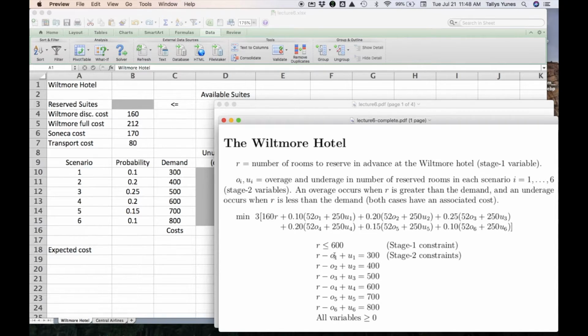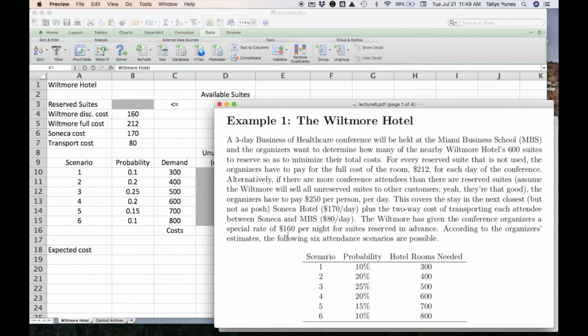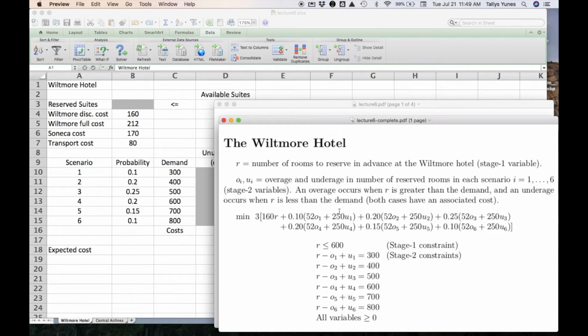Now the expectation calculation goes like this. Remember, if we overbook, each one we overbook is going to cost us an extra $52 because the full cost of the room is $212 and we already paid the hotel $160. So I need to add an extra $52 to get to the $212. So O, every overbooked suite, costs me $52.